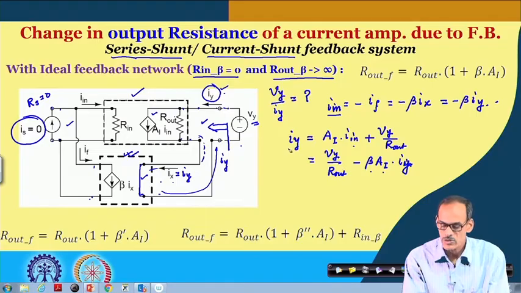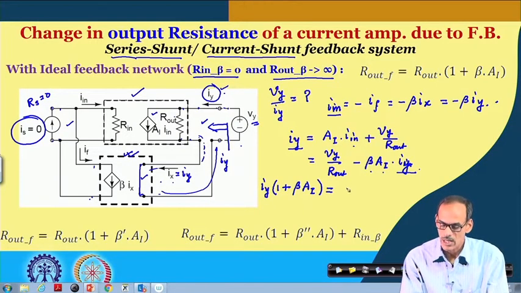So, on the left side we have I y and on the right side we have this term. We can bring them together to get I y plus this term. Taking I y common, we get I y into 1 plus beta into A I, and that is equal to V y divided by R out.